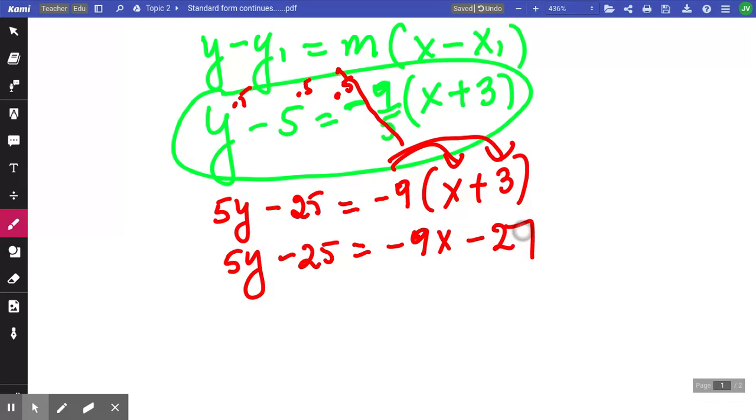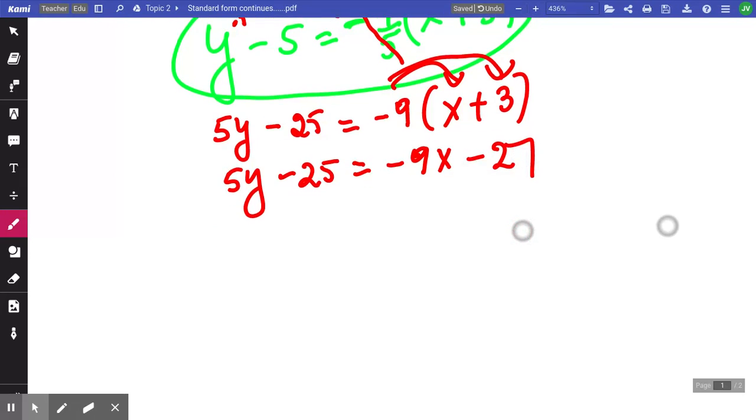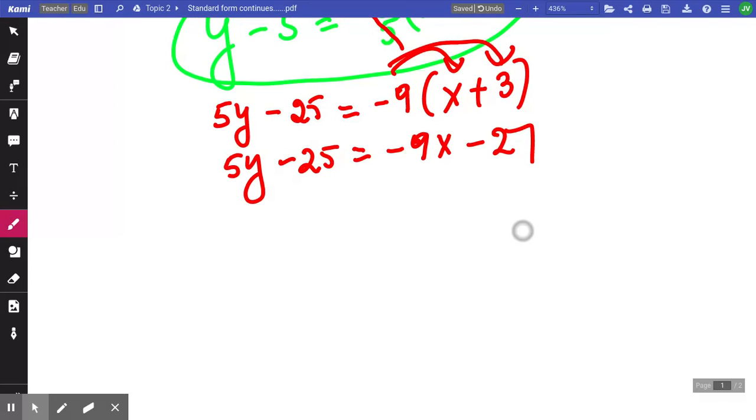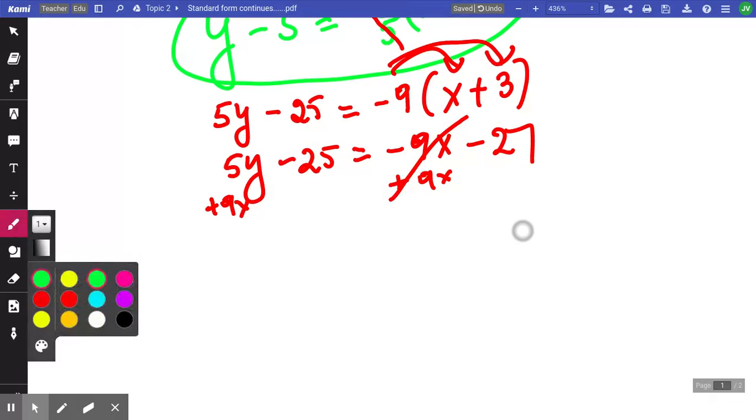I need the term that has the x to be on the left and the constants on the right. So if I add 9x to this side, plus 9x on the other side, that will cancel. In the meantime, as I'm working with a term that has the x, I can also cancel this 25. Add 25 to this side, add 25 to the other side. All right, that's going to cancel.